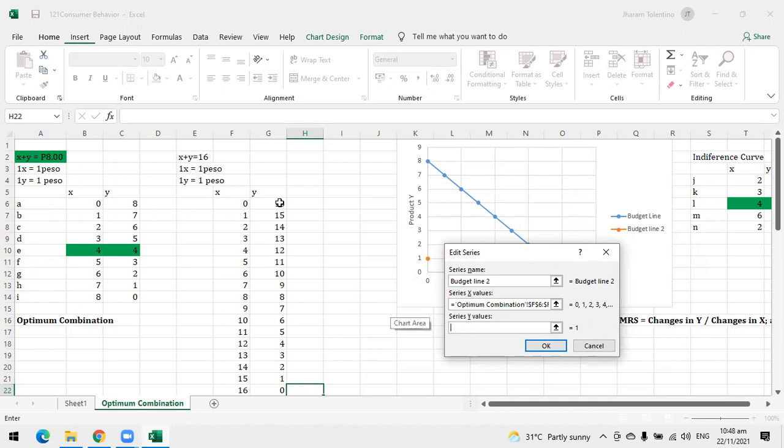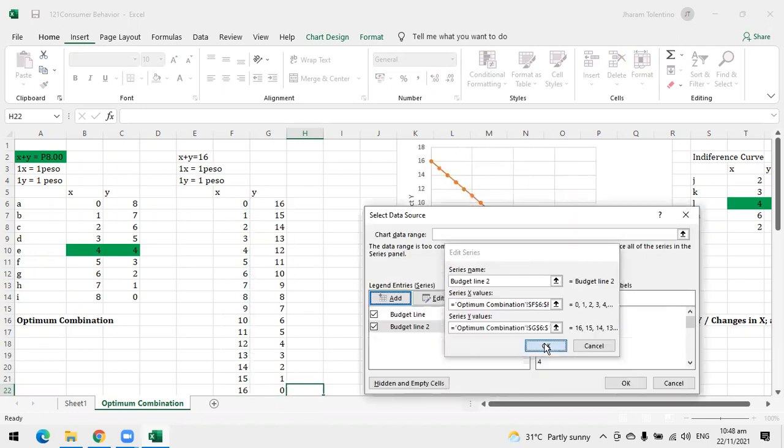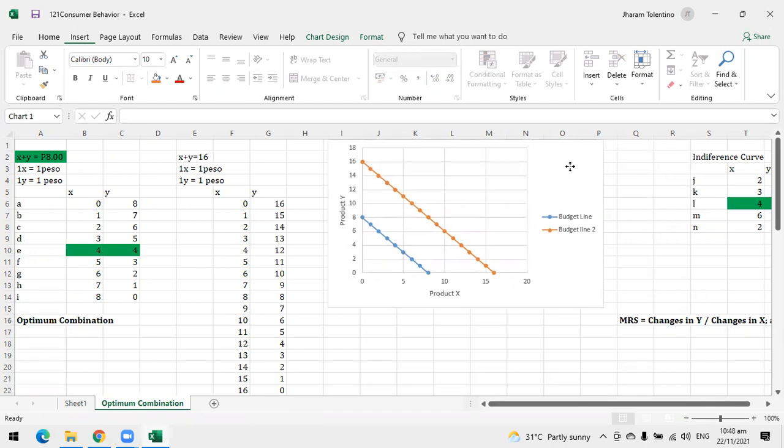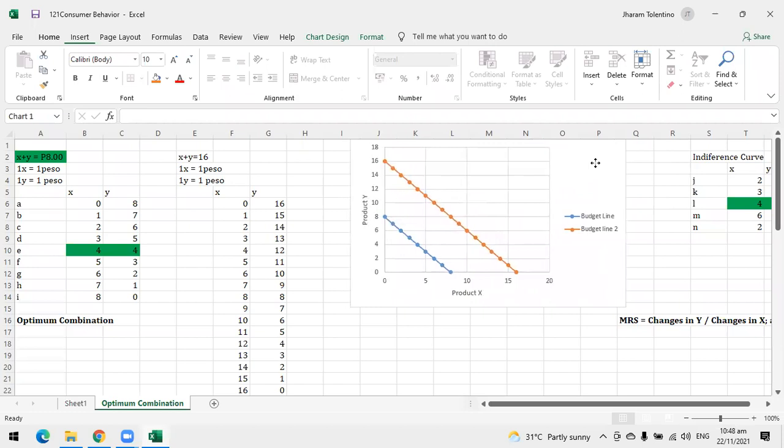Y is this. Ayan. Makikita nyo na kagad yung income effect. So, dito, pumasok na siya dito sa kabila. Nag-increase. Actually, there is an overall increase. Diba? Times 2 yung increase.